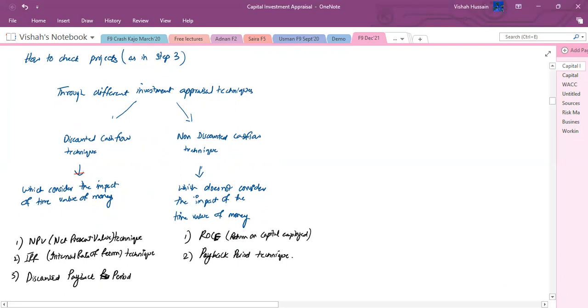So if you guys want to note this down, note it, and then we're going to move towards NPV, giving 2 minutes.